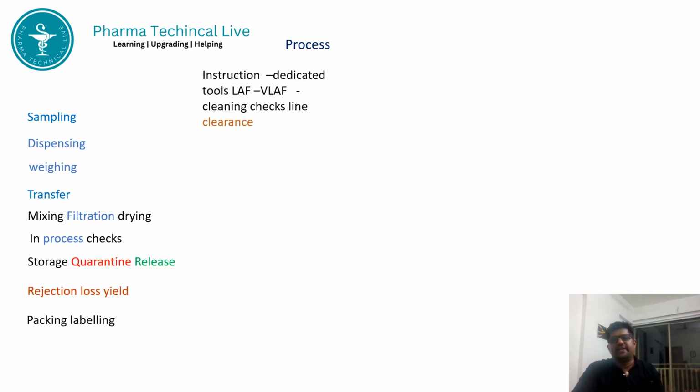So instructions should be detailed, and dedicated tools, cleaning checks, line clearance procedure have to be practiced to produce a safe product. Then identity status labeling is very vital. Most product recalls are due to wrong labeling, and most mix-ups are due to labeling errors. So labeling is the vital step to be taken care of as per the validated procedure.